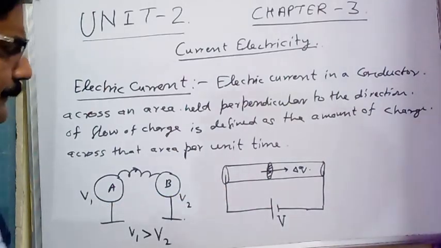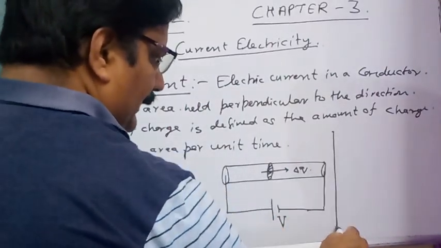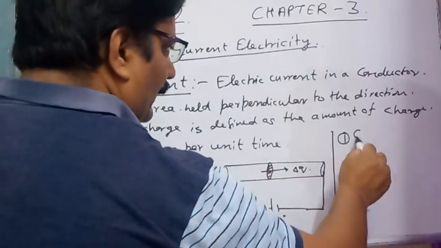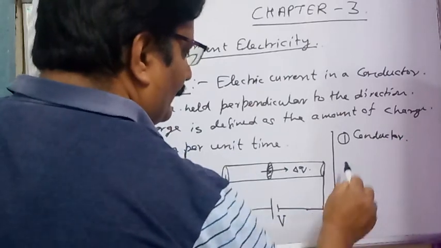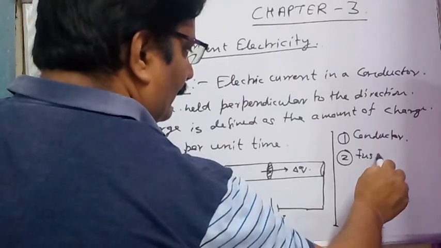On the basis of conductivity, we classify materials in two categories. Either it can be a conductor or the material is an insulator.